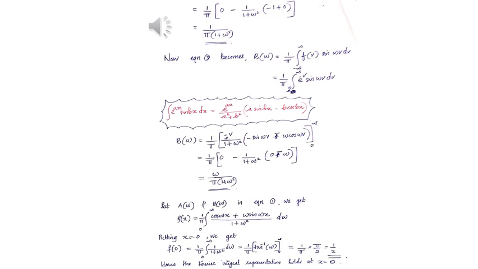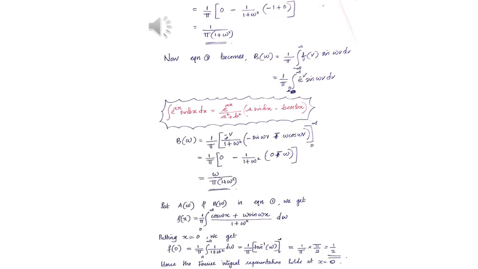So b of omega becomes 1 by pi. Now as we wrote for a of omega, here also our a is equal to minus 1 and our b is equal to omega. So a sine bx will become minus sine omega v and b cos bx will become minus omega cos omega v. Then giving the limit, sine 0 becomes 0.